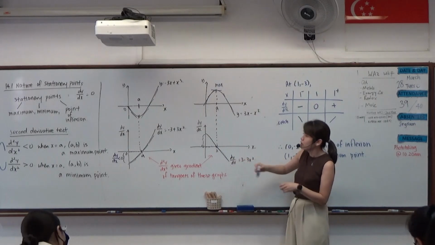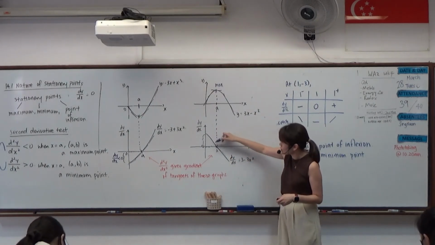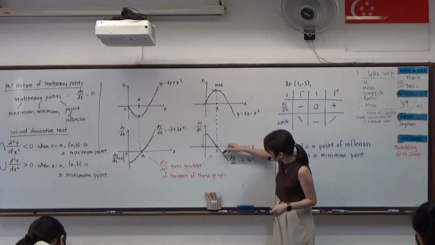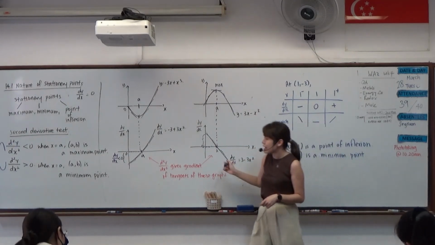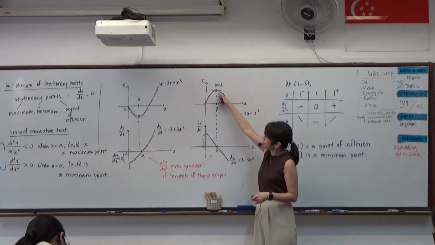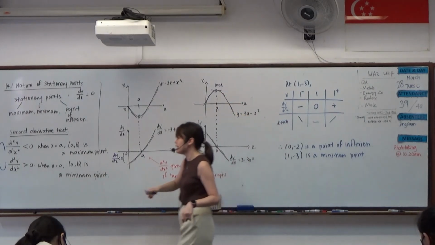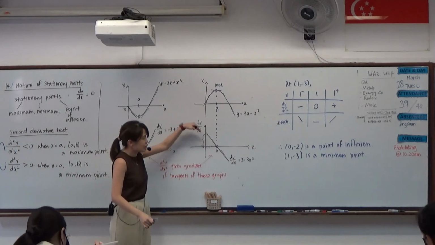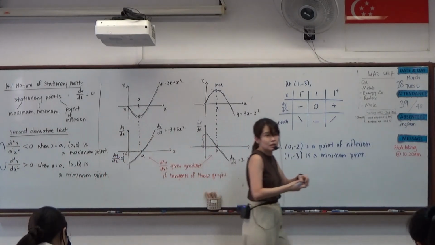Then looking at the tangents of the graph over here, they are always downward sloping. So that explains to us why, at that maximum point, we have d2y over dx squared less than 0, because the gradient of this graph is downward sloping.